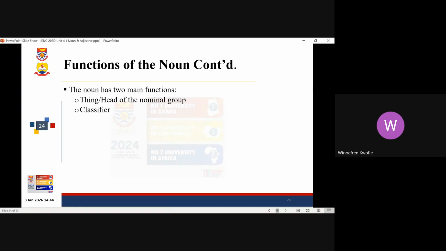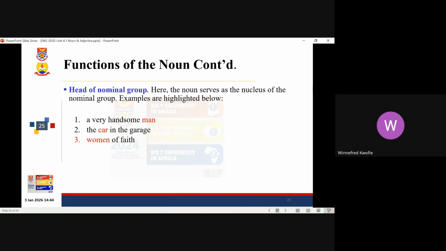A noun performs two main functions: as the head word of a nominal group and as a classifier. Remember last week we mentioned classifier, and we said a classifier is a word that identifies something as belonging to a certain group or as being a part of a certain group.